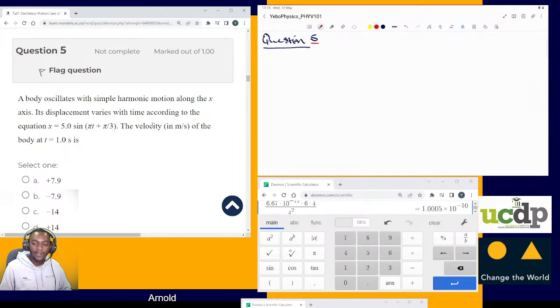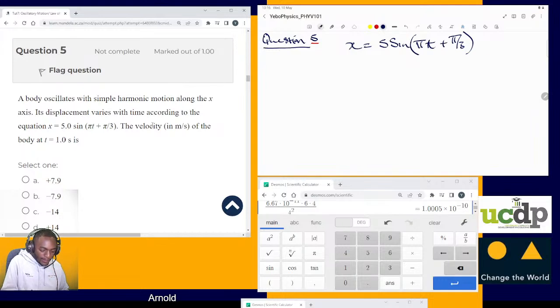Its displacement varies with time according to the equation x is equal to 5 sine open bracket pi t plus pi over 3. Right, so let's write down the equation that we're given: x is equal to 5 sine of pi t plus pi over 3.